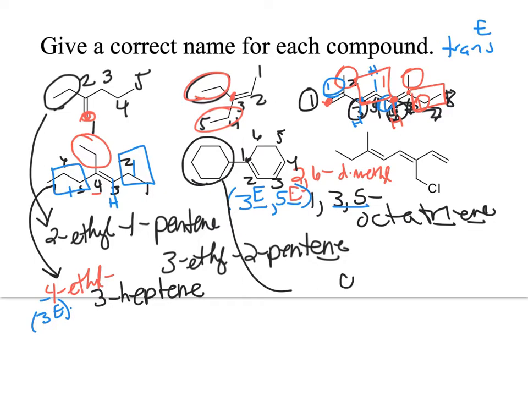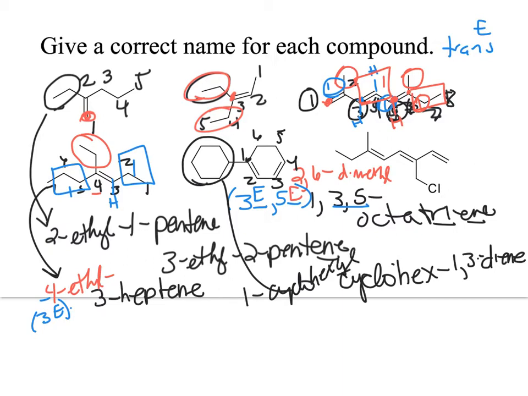So we have cyclohex, and we have 1,3-diene. Okay, so it's a cyclohexa-1,3-diene, and we don't have to worry about cis or trans because you have a 6-membered ring. It's going to be cis, and then you have 1-cyclohexyl, and that's your substituent.